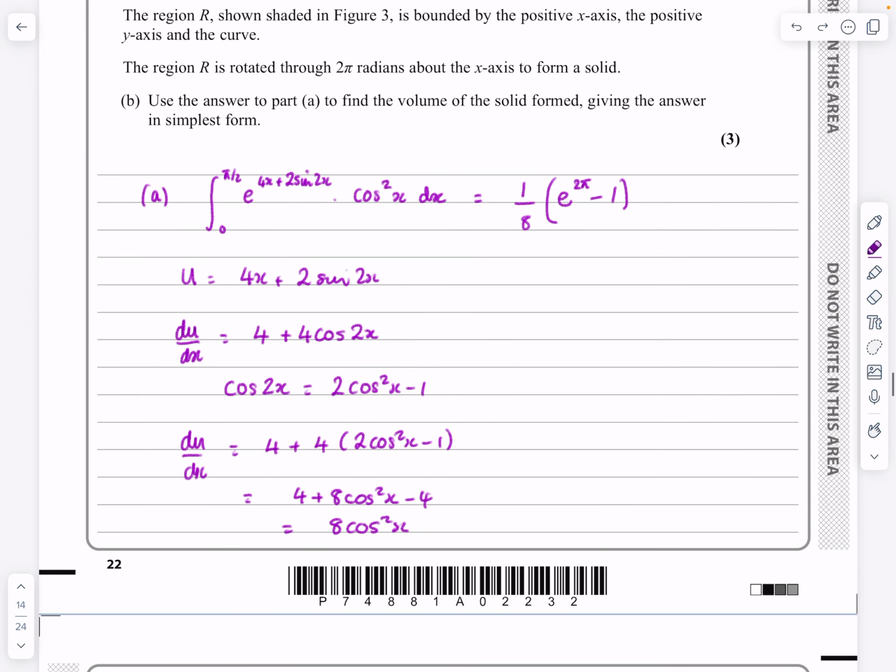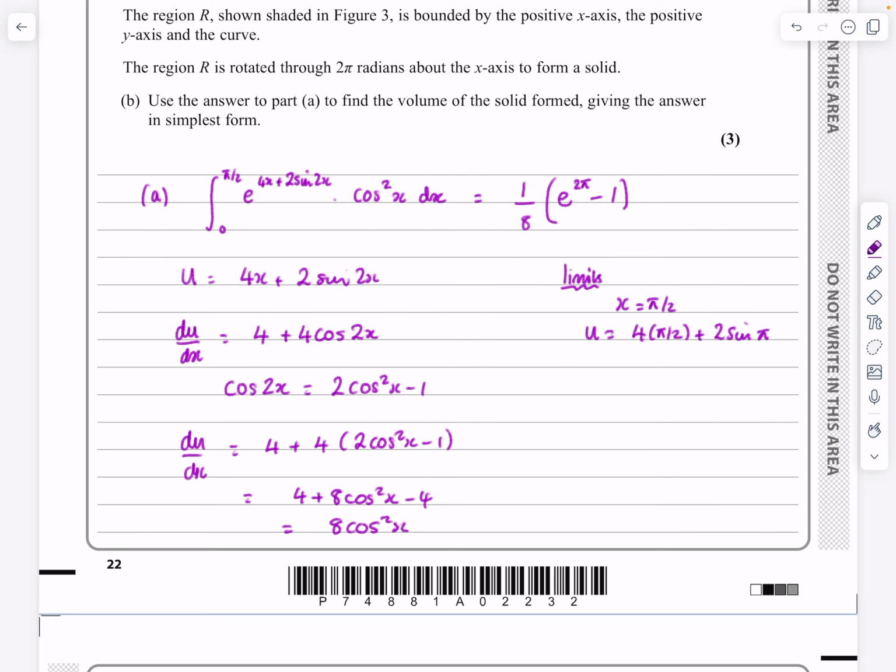I always, at the same stage up here, would sort out my limits. So we said one of my limits was x equals pi over 2, but u is equal to 4x, so 4 pi over 2 plus 2 sine 2 lots of that, so 2 sine pi.